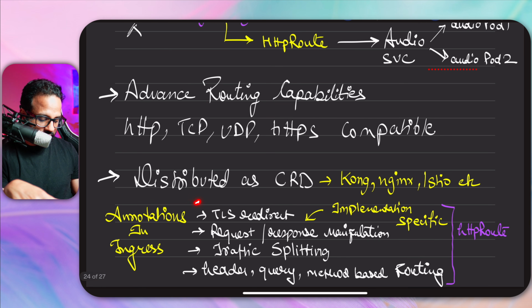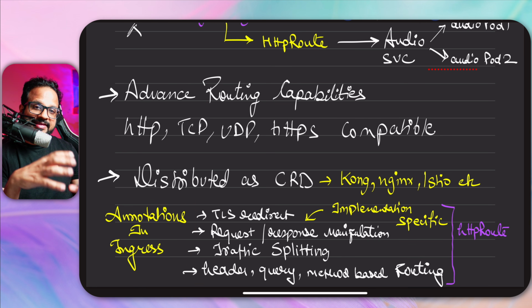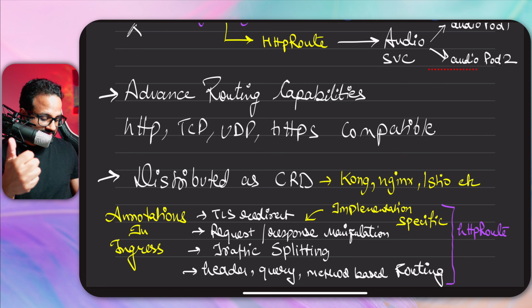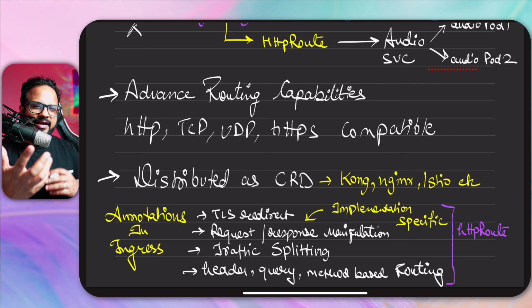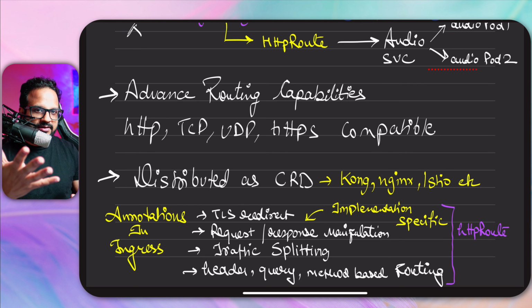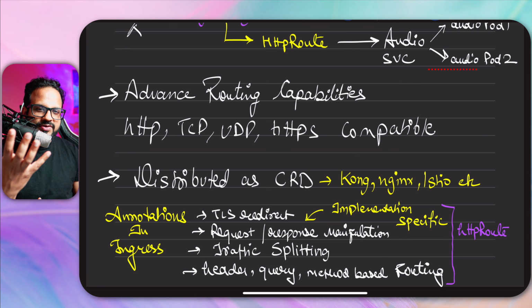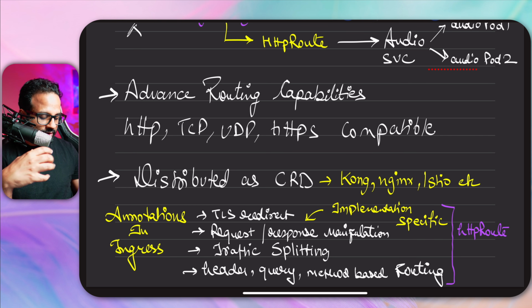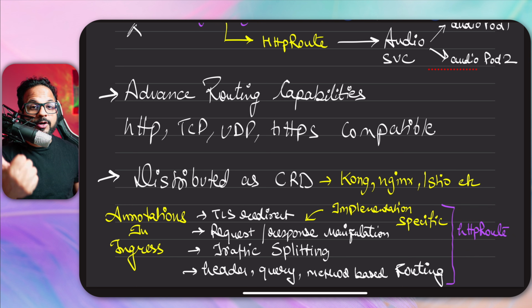Now, all these things, instead of adding them to Ingress, in fact, Ingress does not have a lot of these capabilities, right? It only had TLS redirect and, I guess, a rewrite path, like a few features, right? But Gateway API provides all these features and everything you can configure inside the HTTP route.